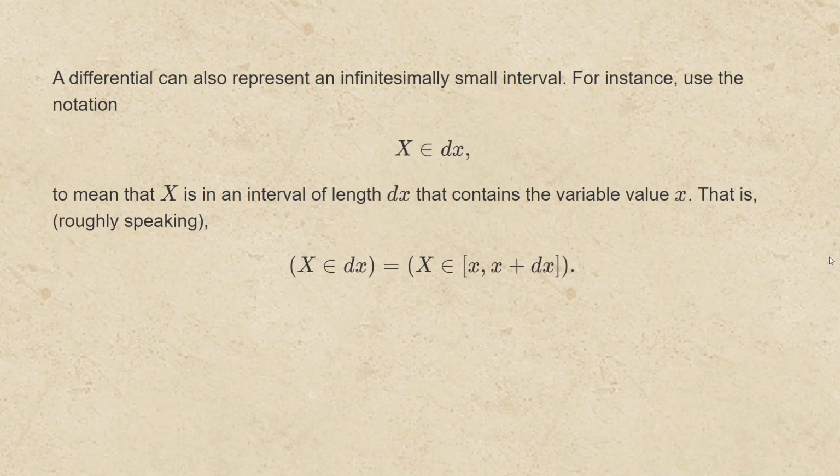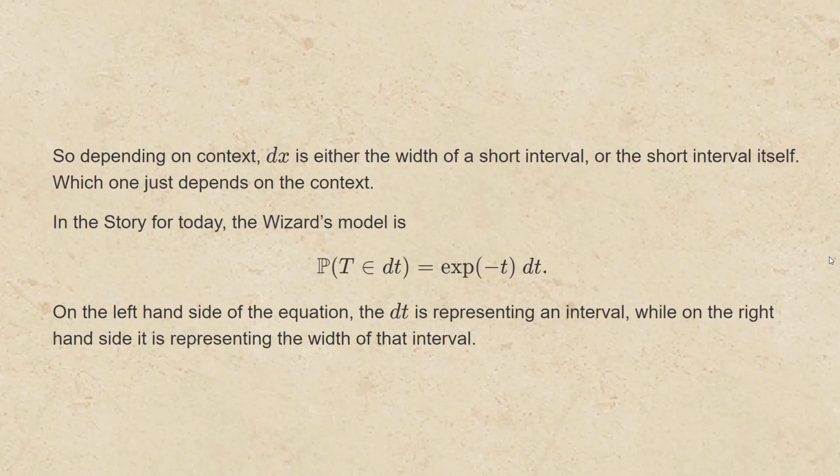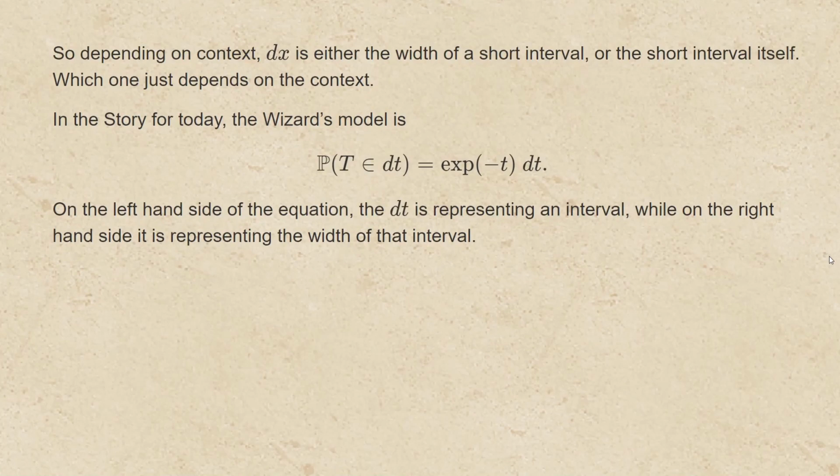For instance, use the notation x is in dx to mean that x is in an interval of length dx that contains the variable x. That is, roughly speaking, x is in dx is the event that x is in the interval from x to x plus dx. So depending on context, dx is either the width of a short interval or the short interval itself, and which one just depends on the context.